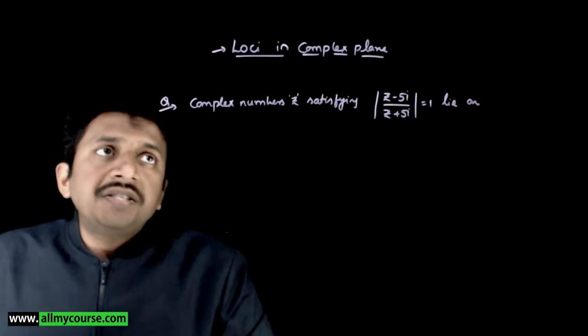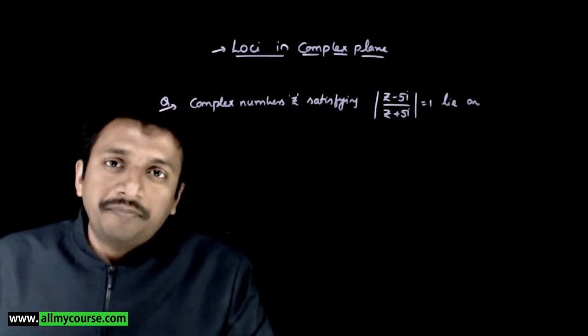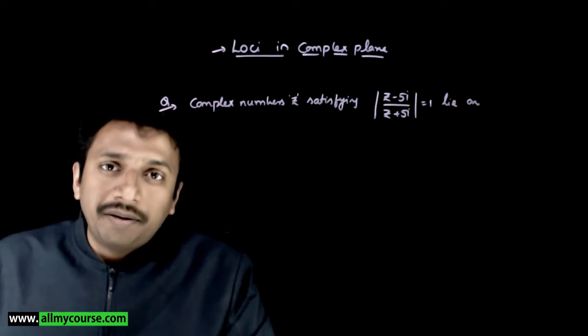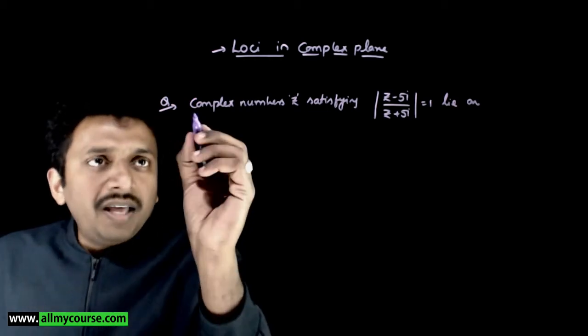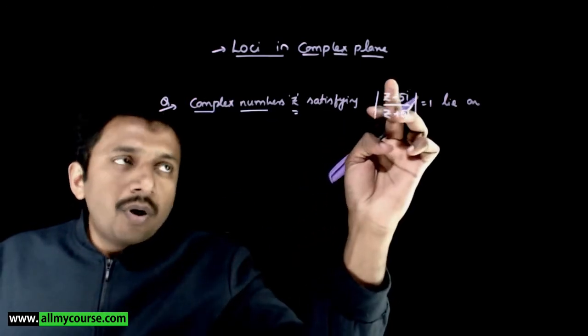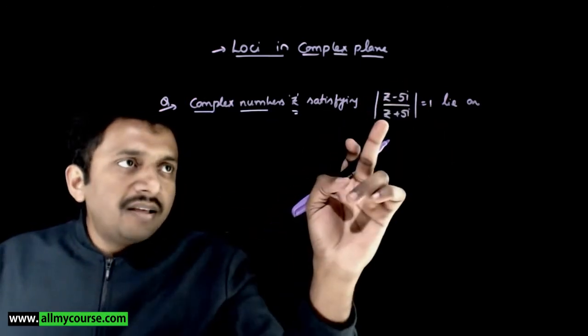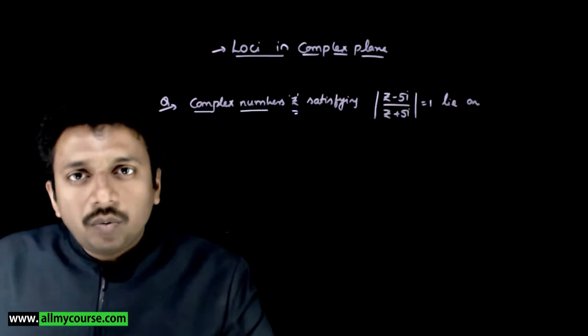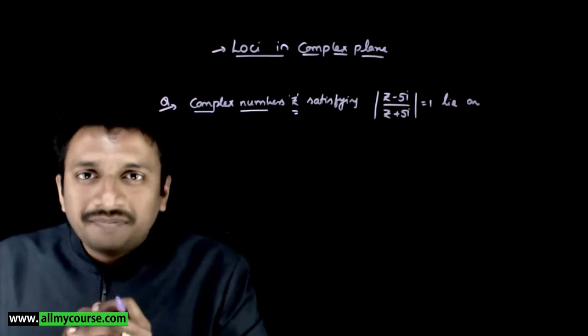So let us take some questions on this topic of loci in complex plane. The first question is: the complex numbers z satisfying mod of (z minus 5i) by (z plus 5i) is equal to 1 lie on what?